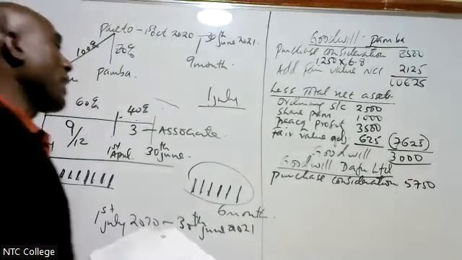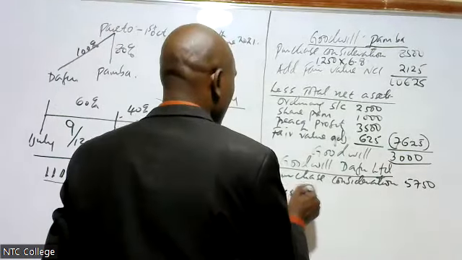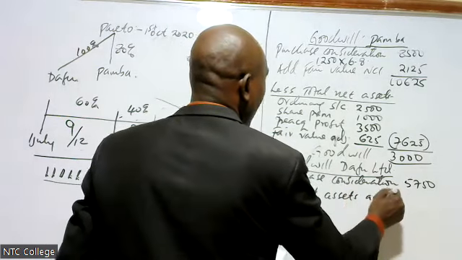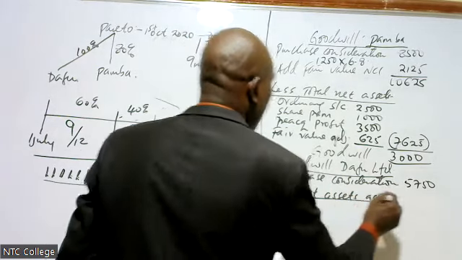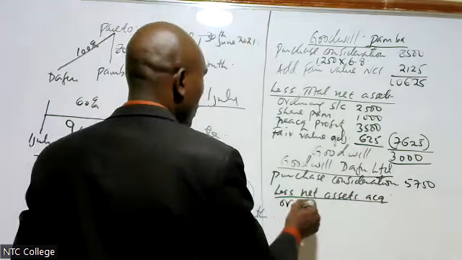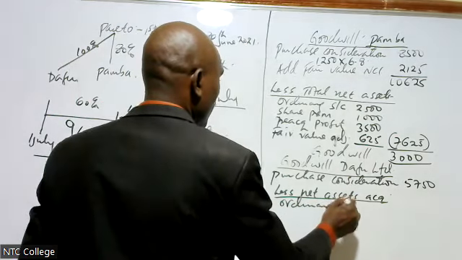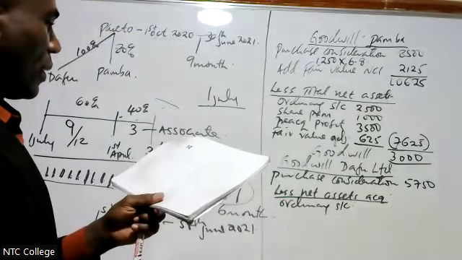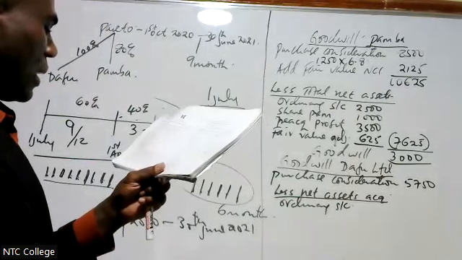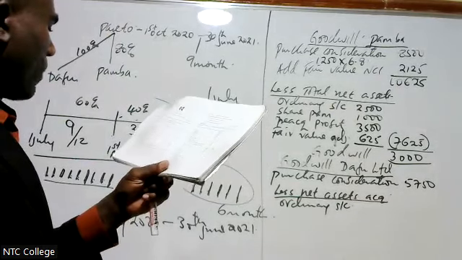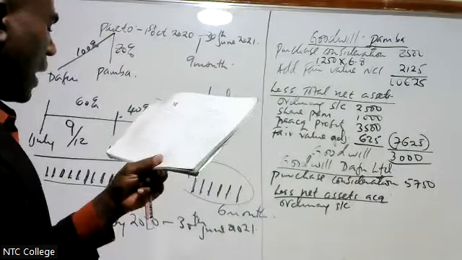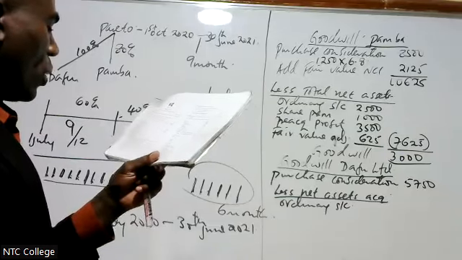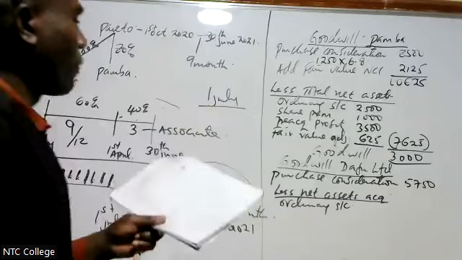Then I come to less net assets acquired. That is ordinary share capital. The examiner says Pareto Limited had acquired 100% equity in DAF Limited a number of years ago when the retained earnings was 1750.